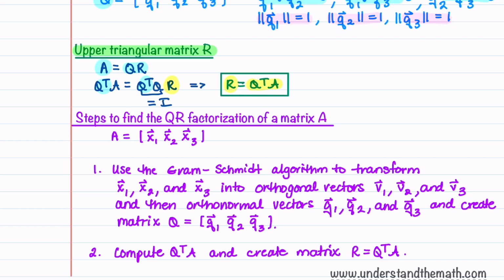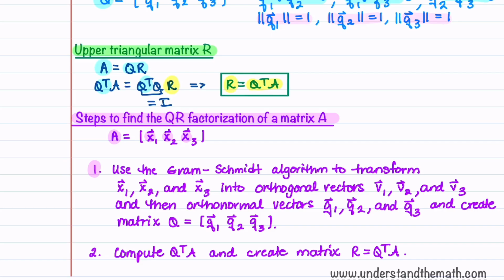To make this process easier, I've written down 2 steps that you can follow to find the QR factorization of a given matrix A. I'm just going to assume that our given matrix A has 3 vectors in it, and I'm going to call these vectors x1, x2, and x3.